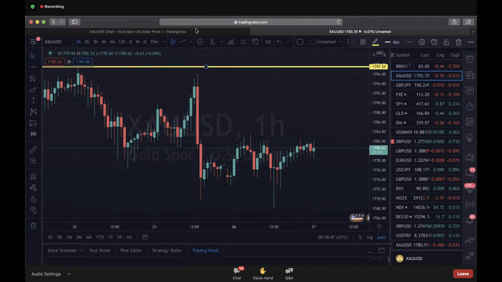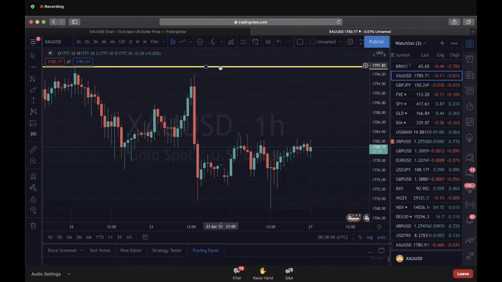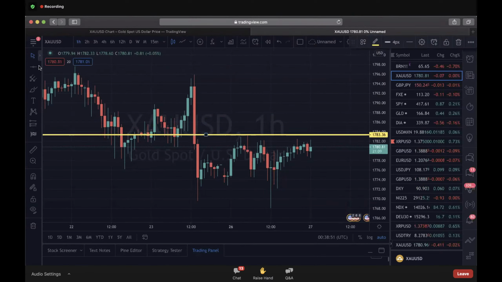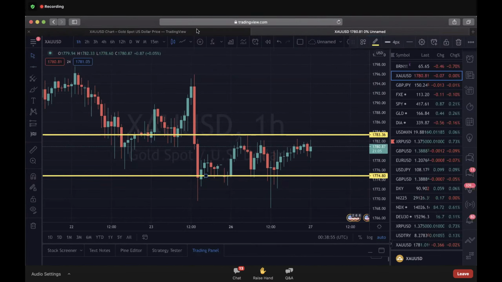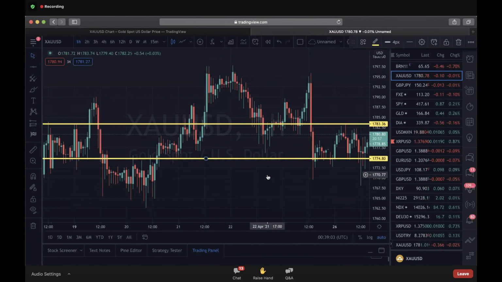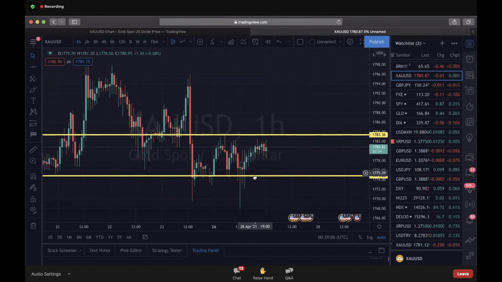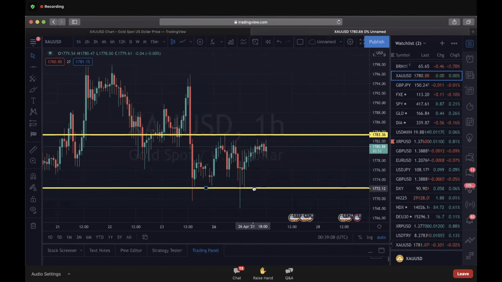Well, resistance is your ceiling and support is your floor. So this is the resistance, this is the support. And what I mean by 50% is, let's say I were to sell into this area, then I would sell and take profit around this area, 50%.